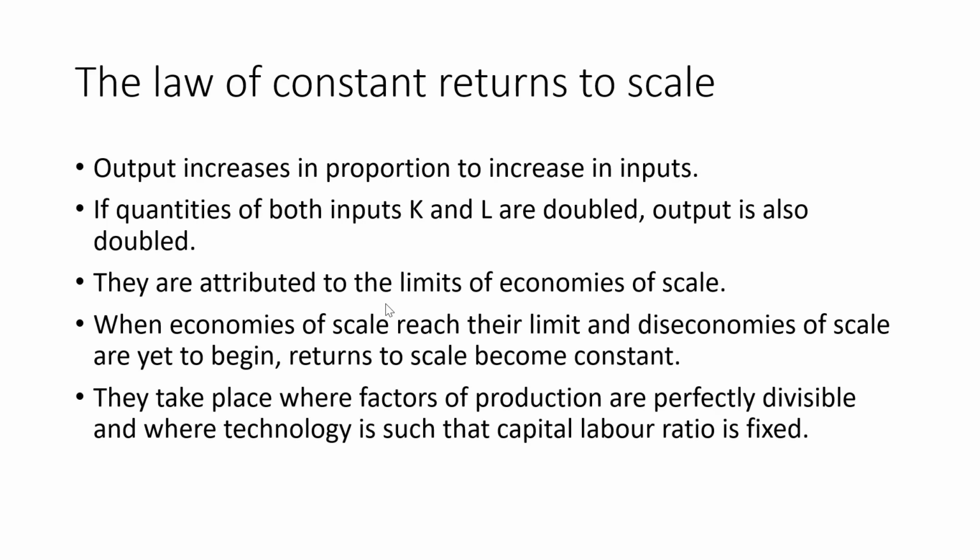When the economies of scale reach their maximum, and the diseconomies of scale are yet to come in, there is a period where we have constant returns to scale. Constant returns to scale take place when factors of production are perfectly divisible, and when the technology is such that the capital and labor ratio is fixed. When factors of production are perfectly divisible, the production function is homogeneous, and it shows constant returns to scale.